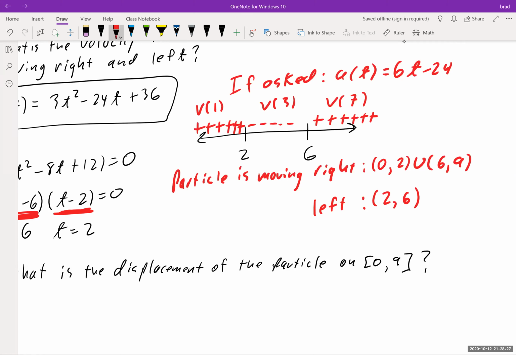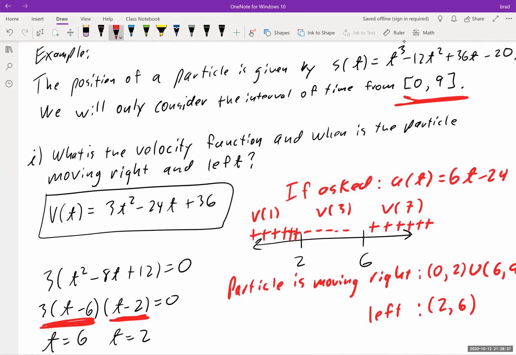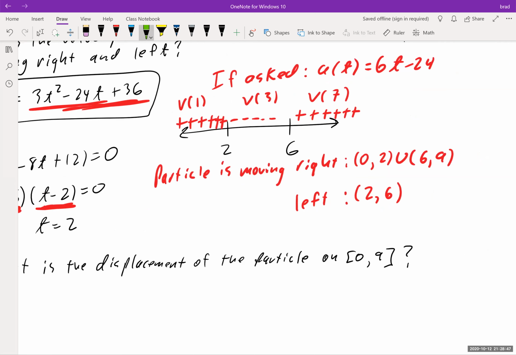Now, I will tell you, I have seen in some books, they go back in and they plug the actual endpoints in, you know how our interval is from 0 to 9? So they will actually plug 0 into the velocity function. And if I plug 0 into the velocity function, I get a positive 36. So I have also seen an alternative.